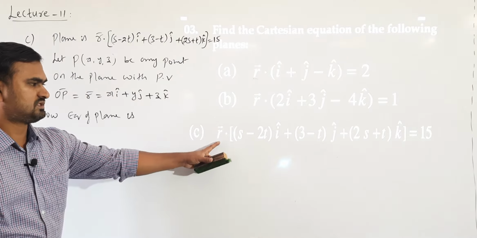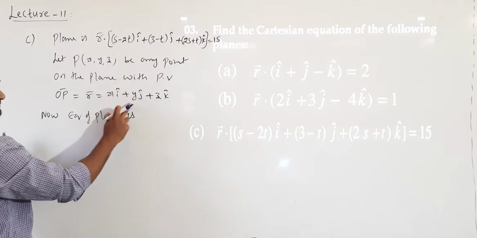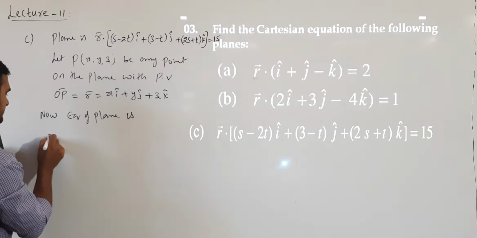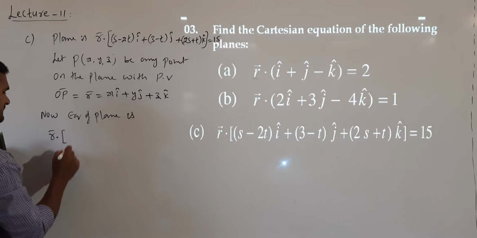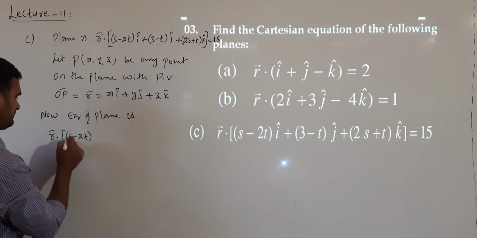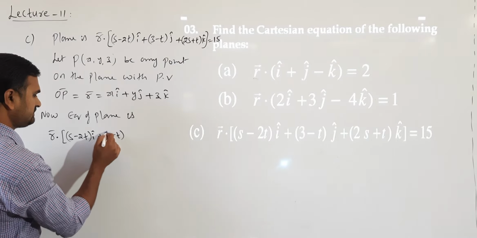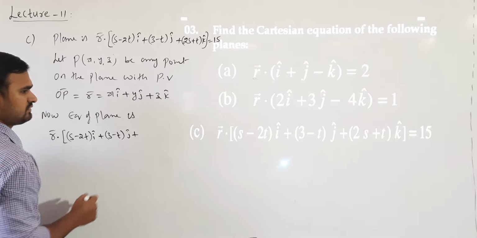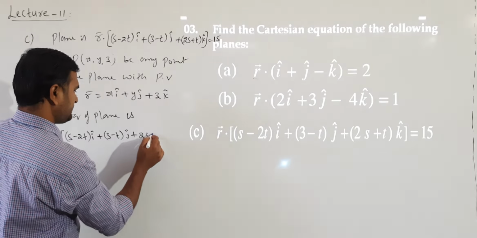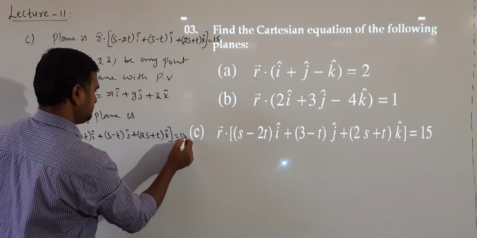We just have to substitute r bar, the position vector of the variable point, xi plus yj plus zk. So you can write the plane equation as r bar dot ((s minus 2t) i plus (3 minus t) j plus (2s plus t) k) is equal to 15.